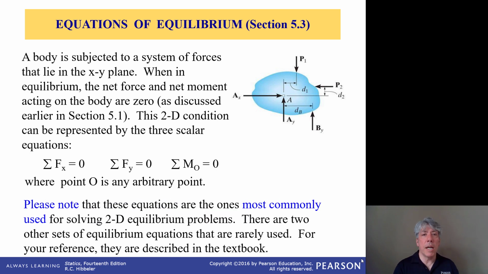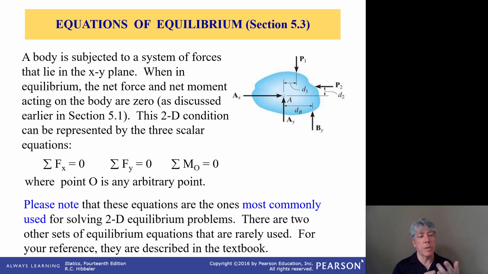Now, these are not the only equations of equilibrium you could potentially use. These 3 are independent. They do not depend on one another, and so they will allow you to solve problems. You could actually choose to substitute one of the sum of force equations for a sum of moments equation. And then you'd have 2 sum of moment equations and 1 sum of force equation. Of course, you need to sum moments about some other point than O, but you wouldn't have 4 equations at your disposal.